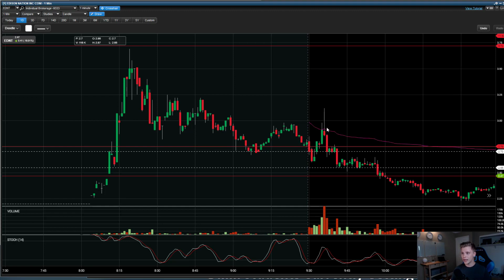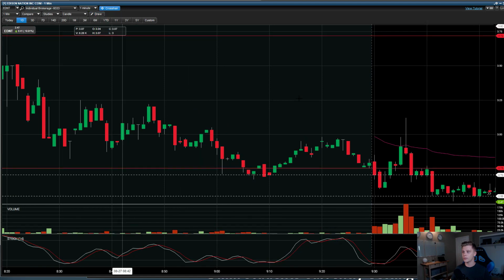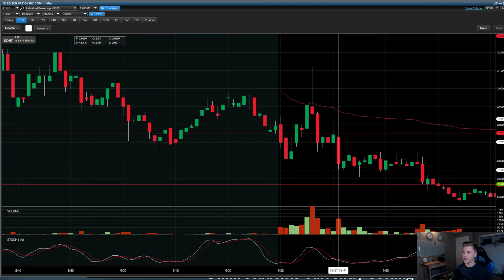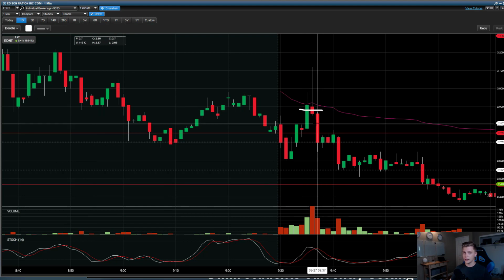So recognizing that this could be a VWAP stuff and it could be the beginning of a huge all-day fade pattern, I simply set my stop at around 2.88. I set a stop at 2.88 and I said, okay, if this is a true squeeze, it is not going to fall back down.